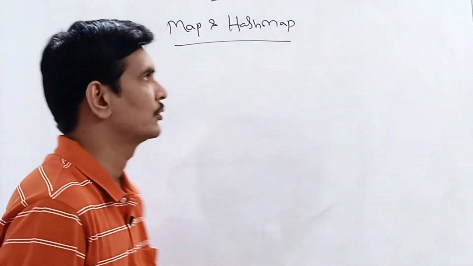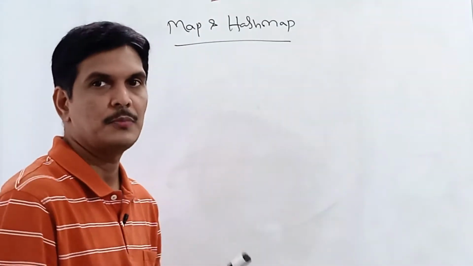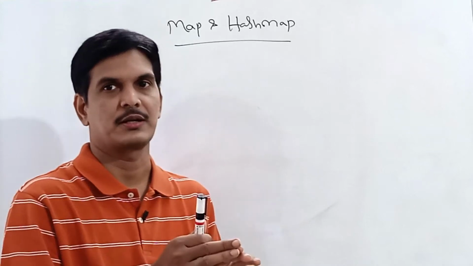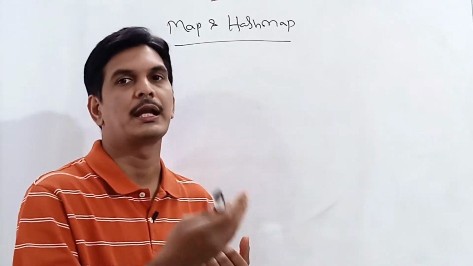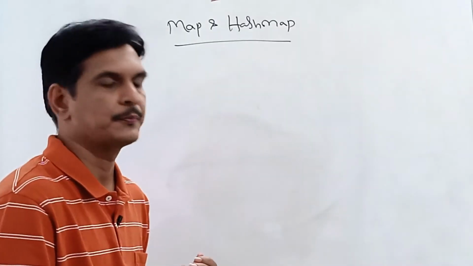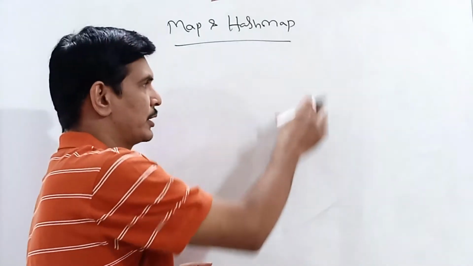The first thing: when do we need to go for Map? Suppose you want to represent a group of objects where key-value pairs exist. For example, I want to represent a group of elements in the form of key and value pairs, then we can go for Map. For example, I want to store different employee IDs and corresponding names.